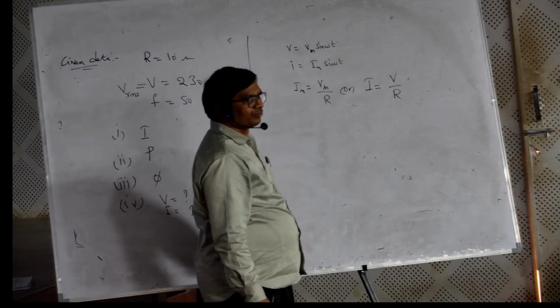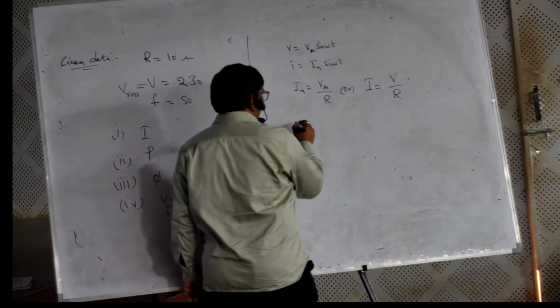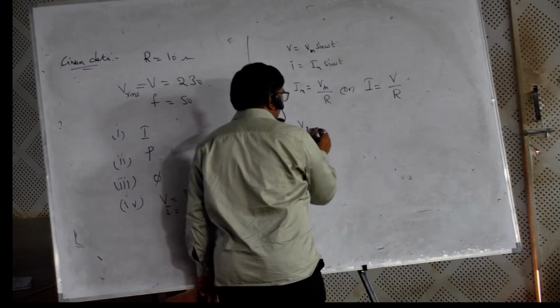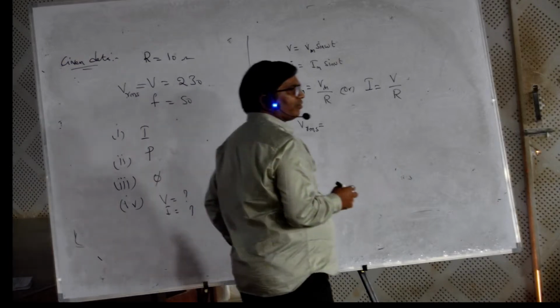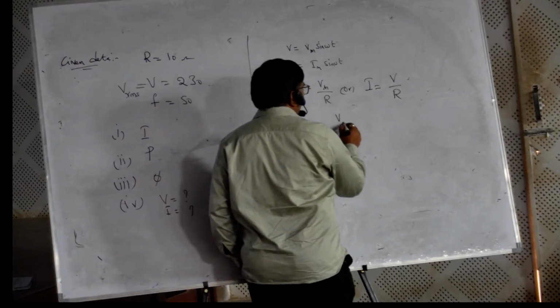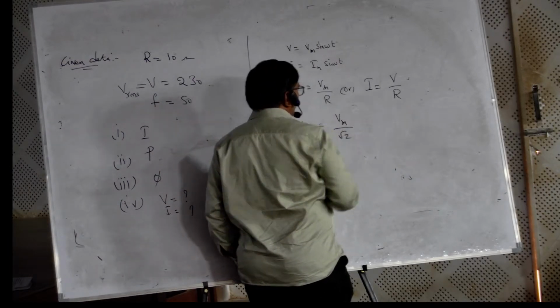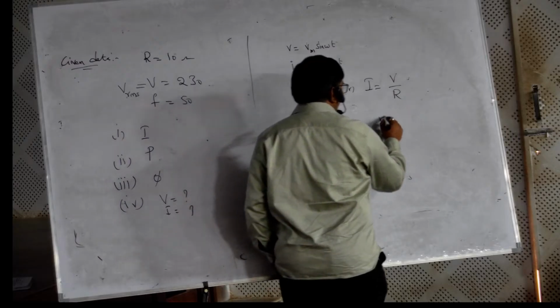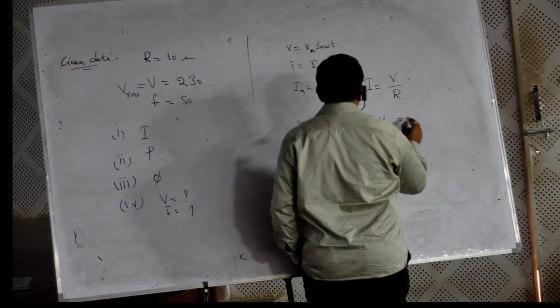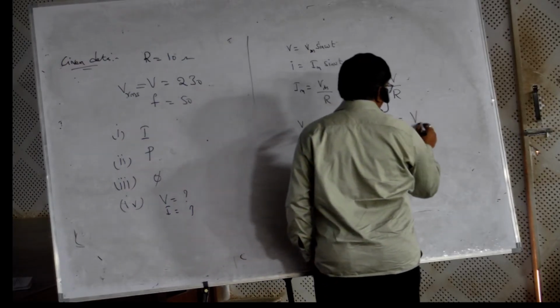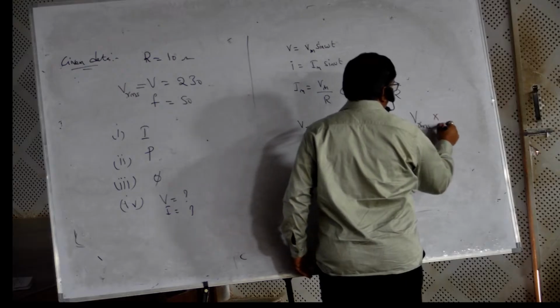The relation is VRMS is equal to Vm by root 2. So Vm is equal to VRMS into root 2.